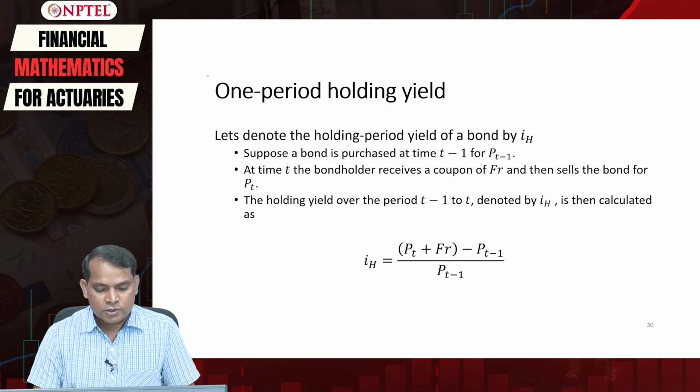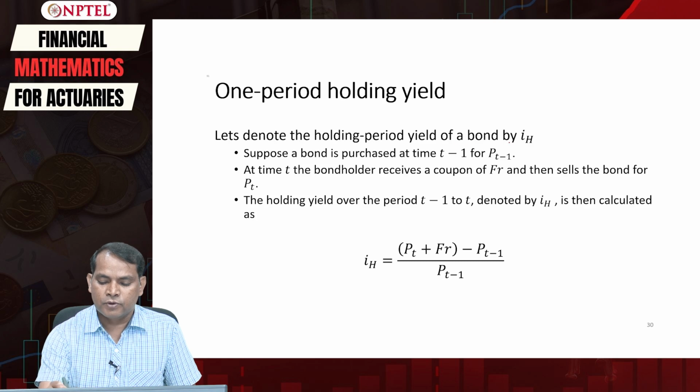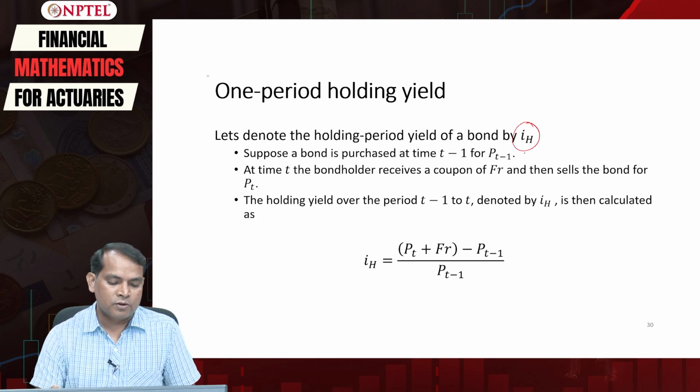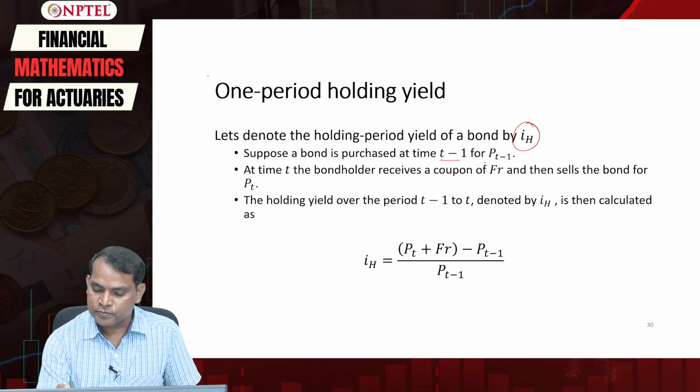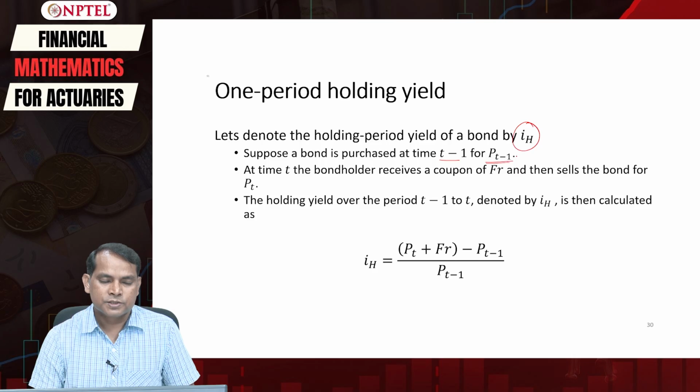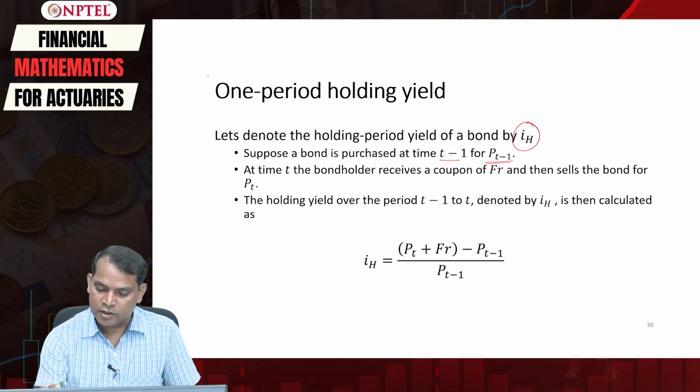So, let us denote the holding period yield of a bond by i_H, and suppose a bond is purchased at time t minus 1 for a price P_{t-1}. So P_{t-1} is the price at time t minus 1.